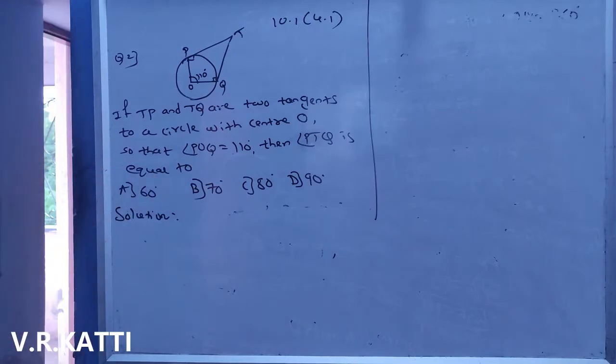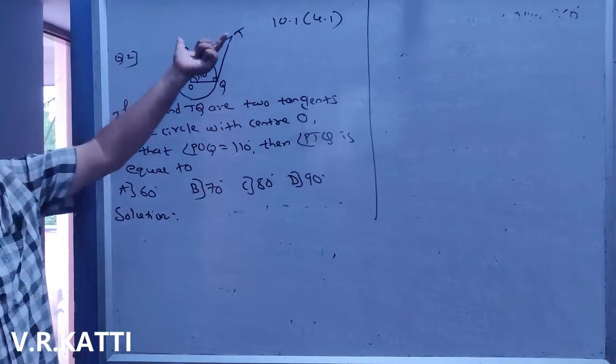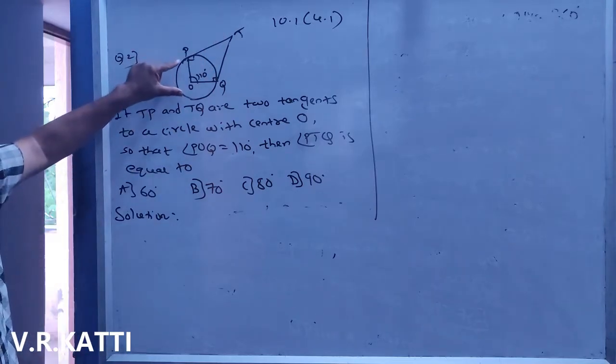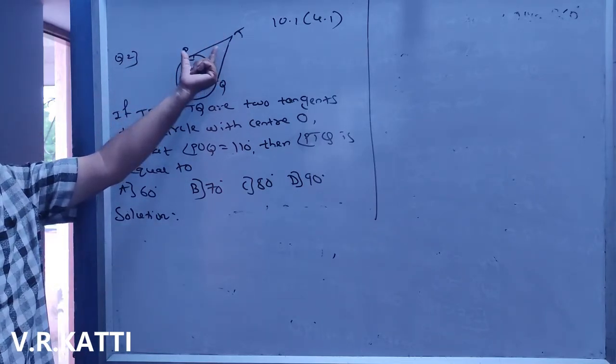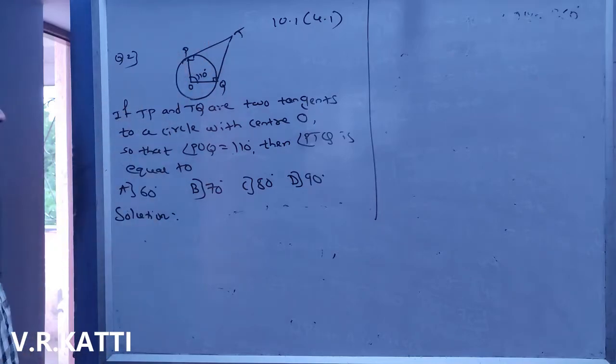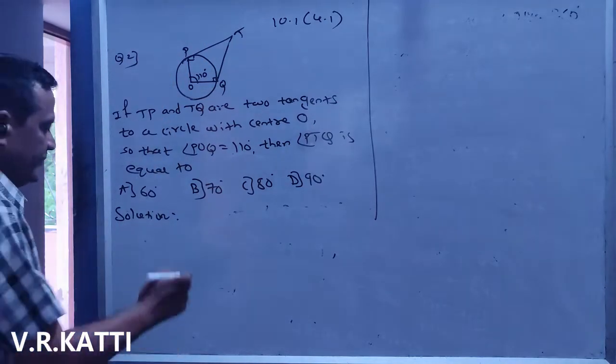So you know that the radius and tangent are perpendicular. OP is a radius, PT is a tangent. Radius and tangent are perpendicular at the point of contact.